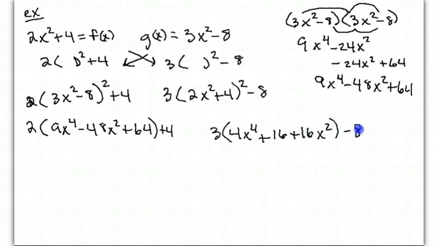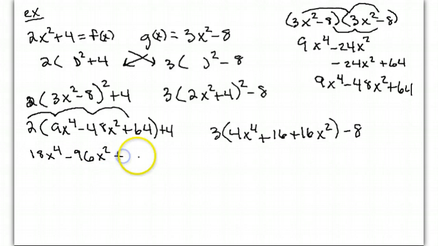And you got to bring down the minus 8. So you have to bunny hop the 2 through, and the 2 is going to be multiplied times everything you see on the inside. So that's going to give you 18x to the 4th here, minus 96x squared plus 128. And don't forget the plus 4.